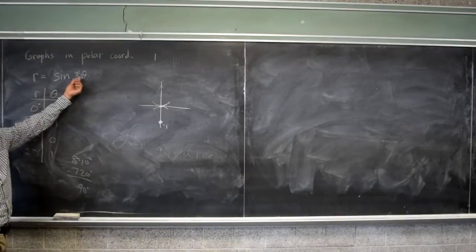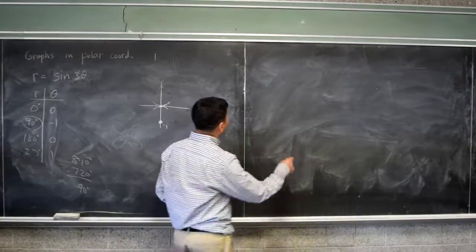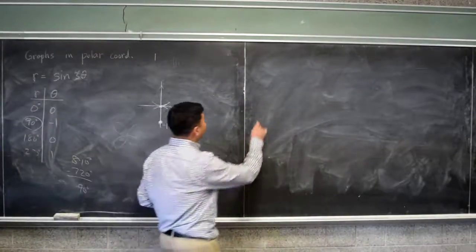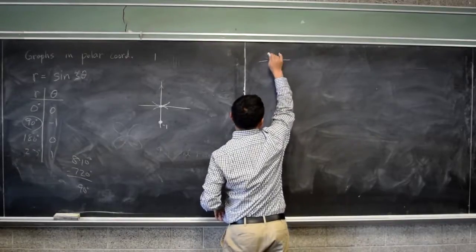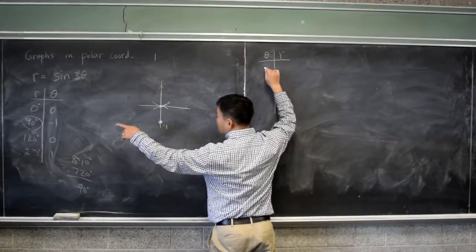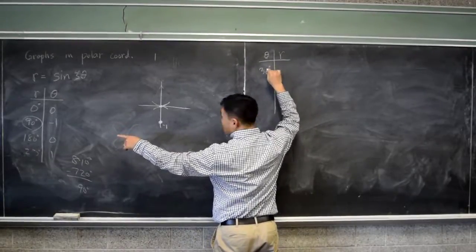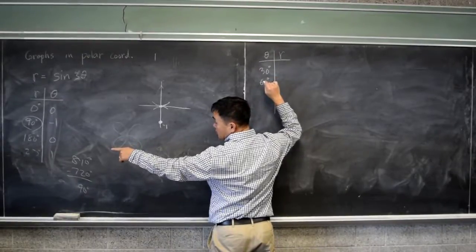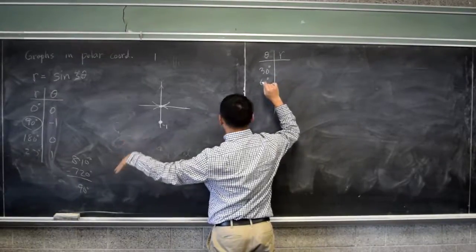Since 3 is multiplied by this theta, let's think about these angles divided by 3. Okay, so let's try that. Theta divided by 3: 0 we already did, but 180 divided by 3 is 60 degrees, 270 divided by 3, I don't like that.